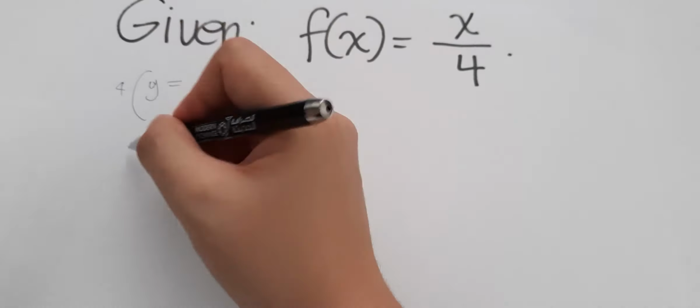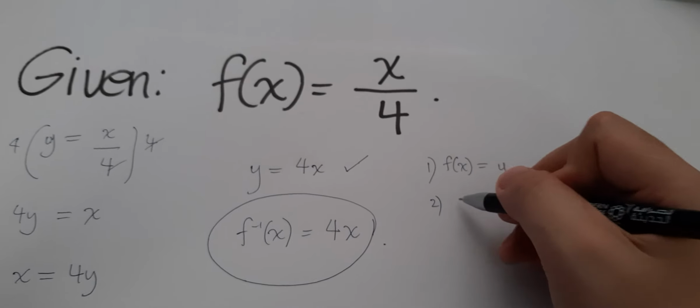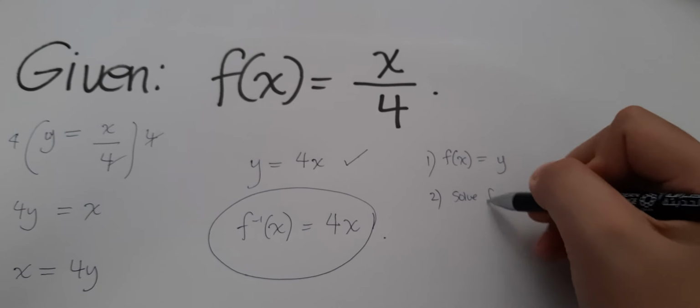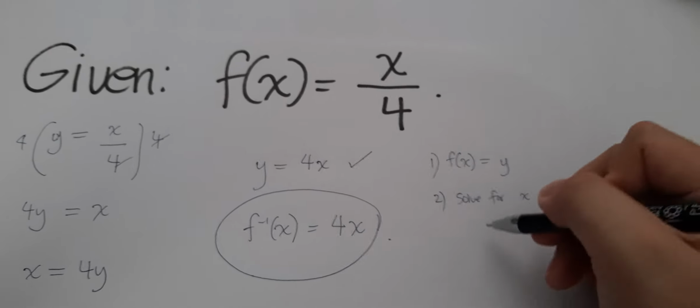Three steps. Again, you have to find the inverse of the function in three steps. First, you make your f of x be equal to y. That is the first step. Second step, solve for x, which means x should be equal to something.